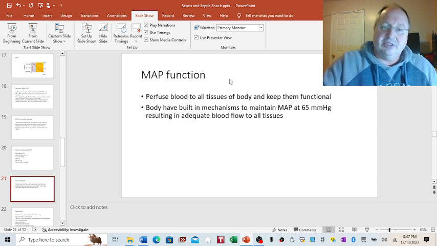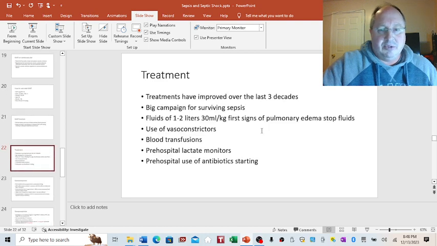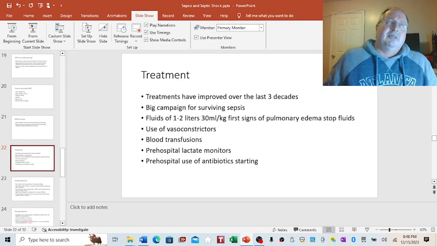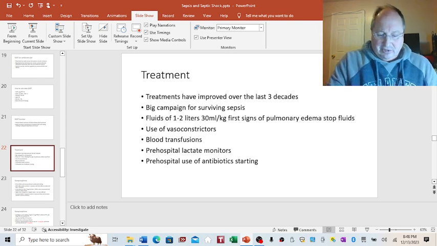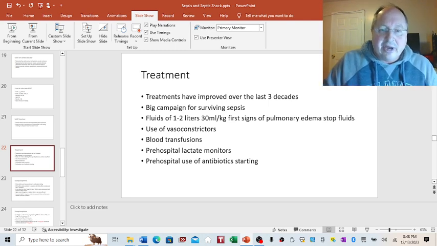So MAP's function again is to perfuse blood to all the tissues and keep everything functional. The body has some built-in mechanisms to help regulate that, but in sepsis, a lot of these things are failing. Treatments have changed dramatically over the last 3 decades, and 3 decades from now, they're going to be a heck of a lot different than what they are now.